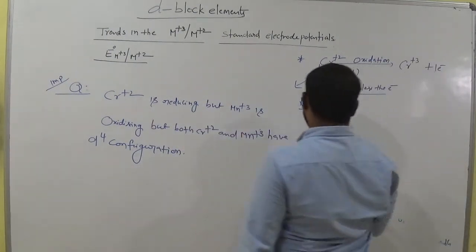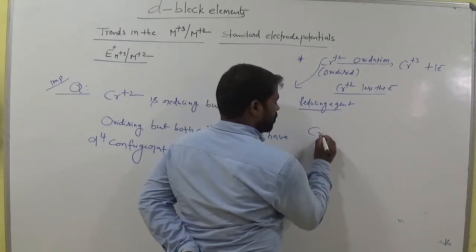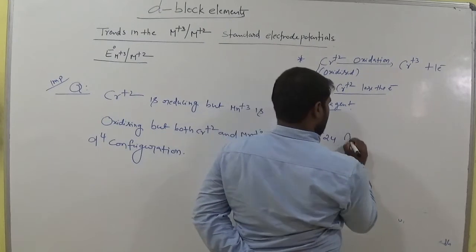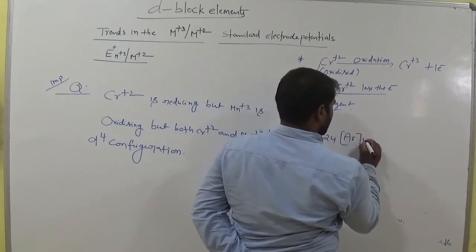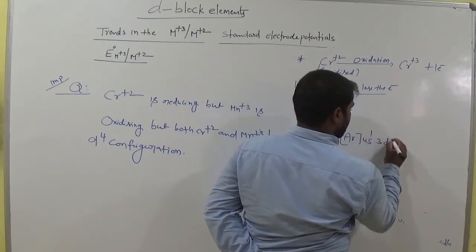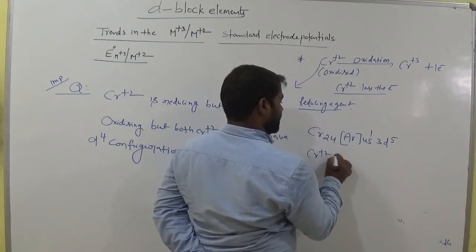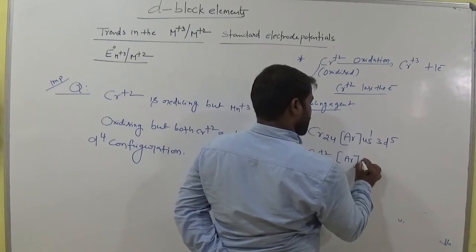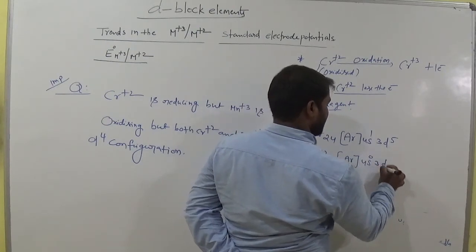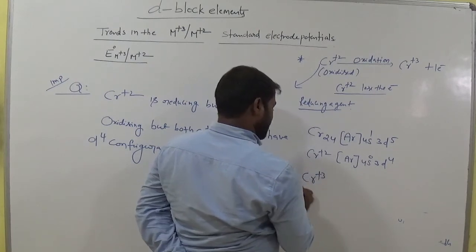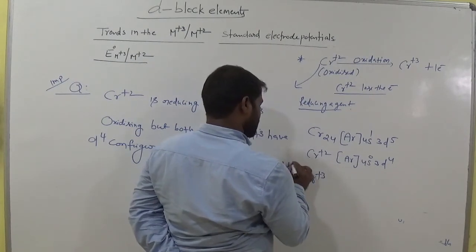Okay. So let us take the electronic configuration. Chromium, atomic number is 24, its electronic configuration is argon 4s1 3d5, am I right? It is stable. So chromium plus 2 means argon 4s0 3d4, unstable, and Cr plus 3 is stable, am I right?